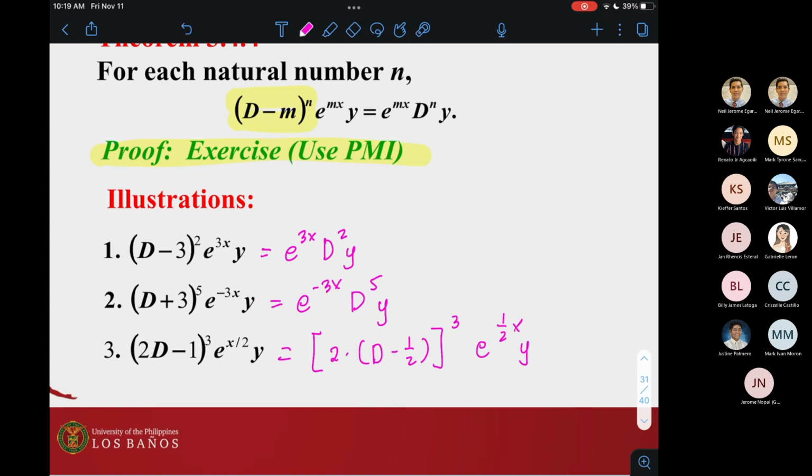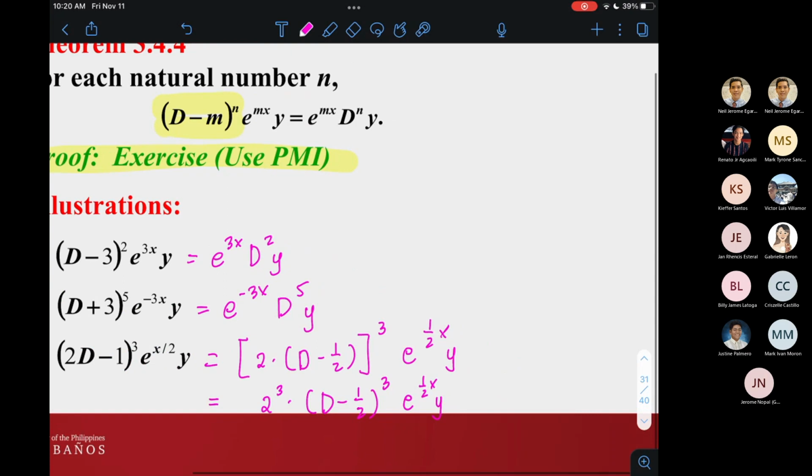Okay? And then I will use the associative property and the power rules dun para sa operators. So basically, the operator here is just 2 cubed times d minus 1/2 to the 3rd, e to the 1/2 x times y.